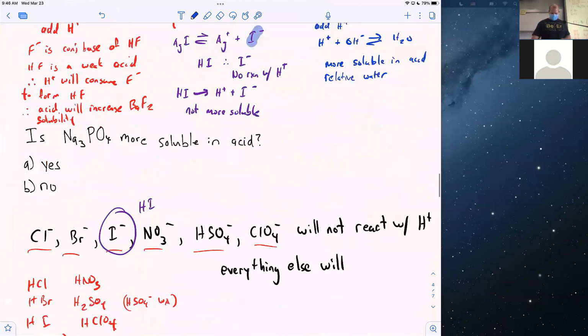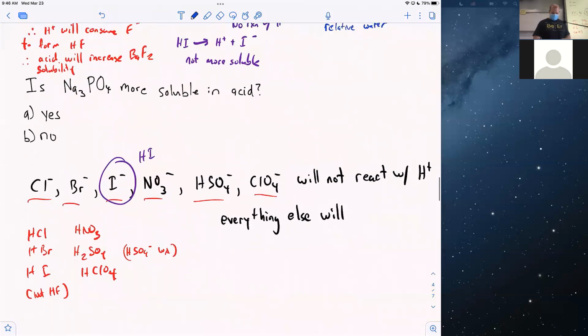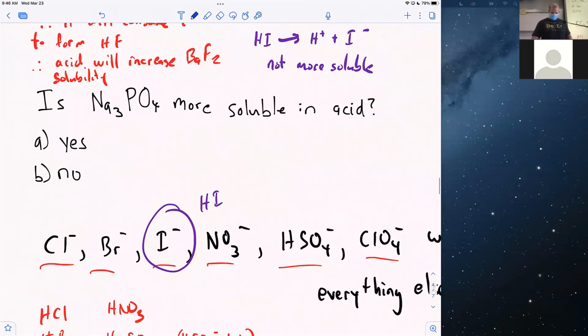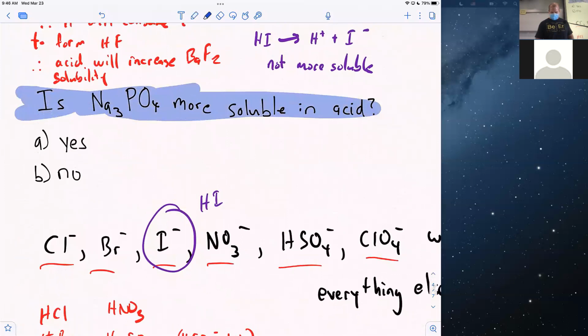All right. Let's see if you can figure this one out, though. Here's the next one. I know I've written all over the place, I'll highlight it. Is TSP, trisodium phosphate, more soluble in acid?